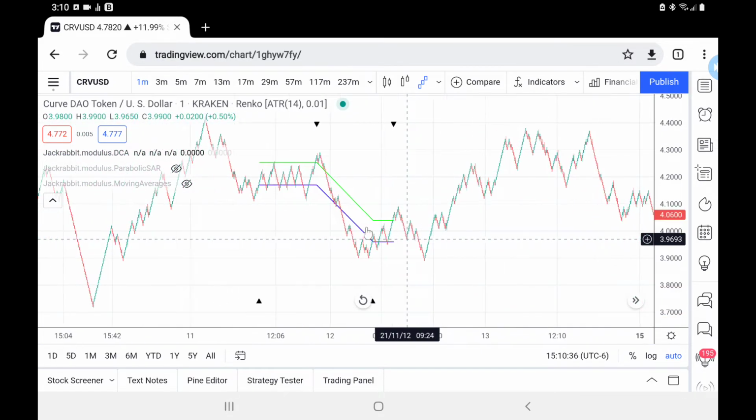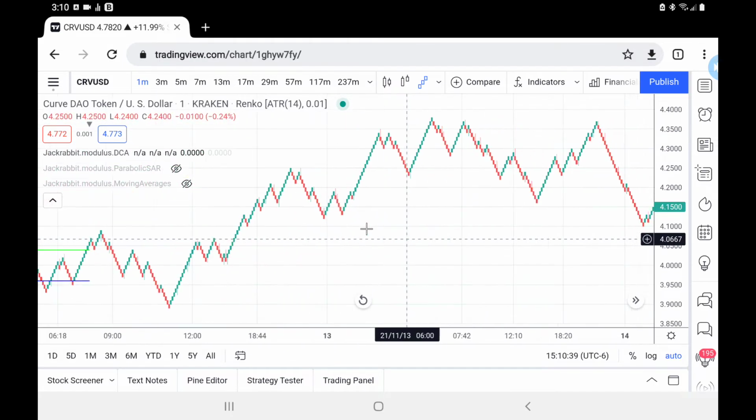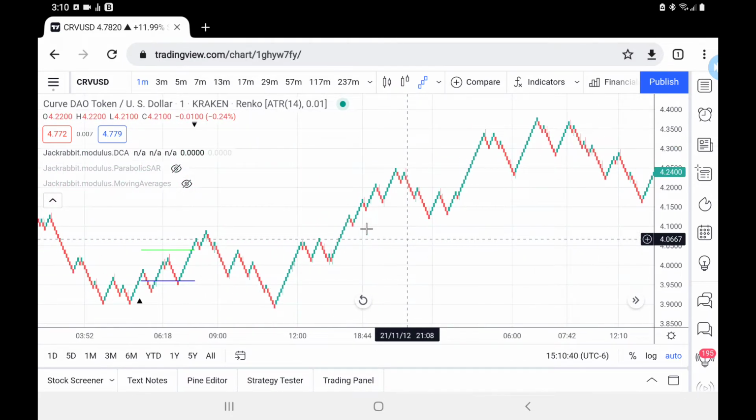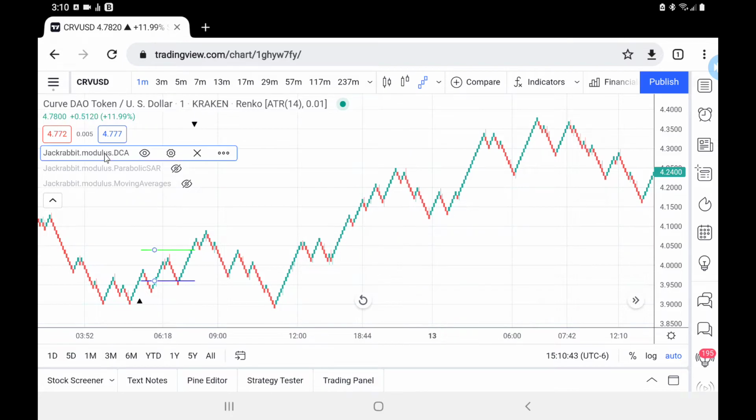Let's zoom into it. Here we go. Let's hide the DCA and let's bring up the moving averages, which is a Rule 37.